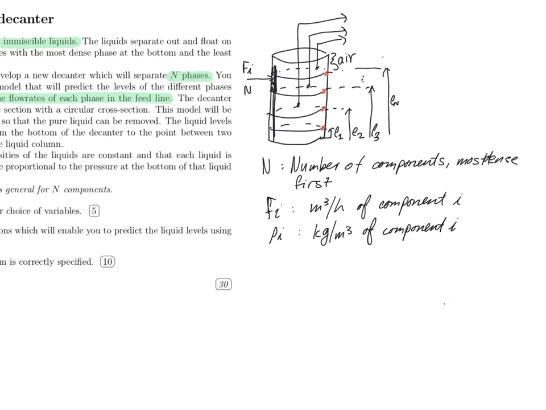I suppose actually it's a bit of a bad habit to use units instead of the actual values, and so I think it's a better idea to just say flow rate.